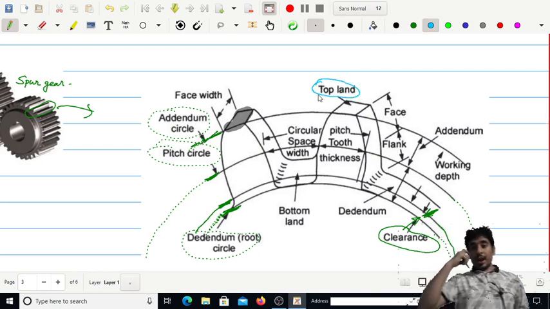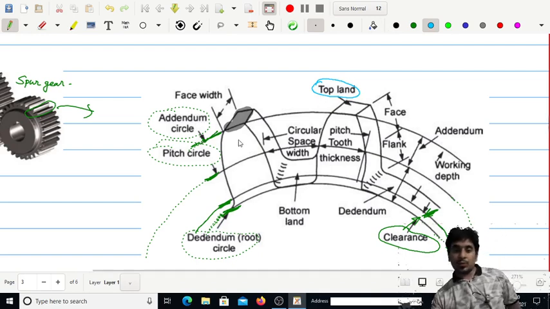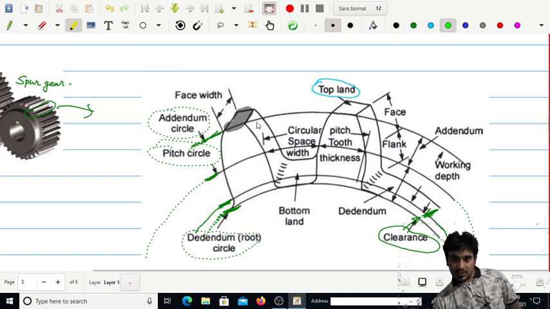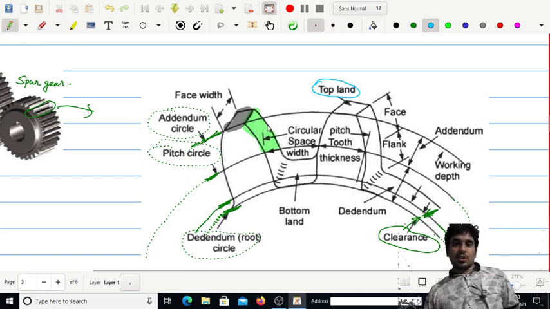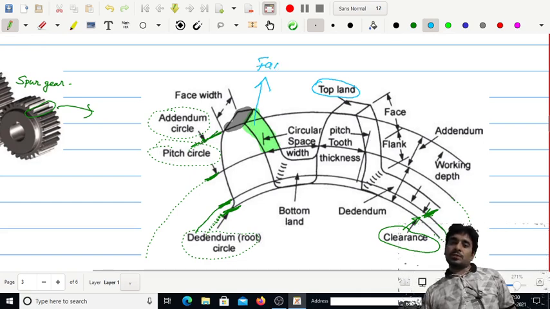Okay, and this profile of the tooth, till the pitch circle, is called the face of the tooth.